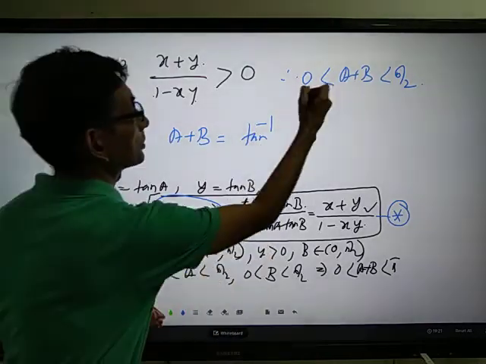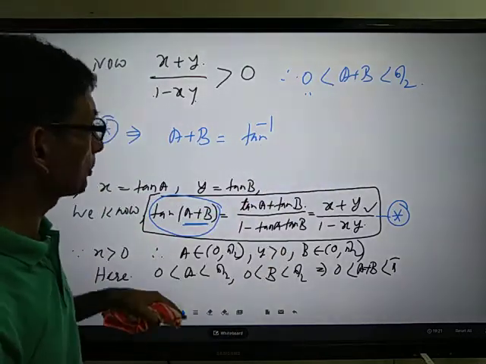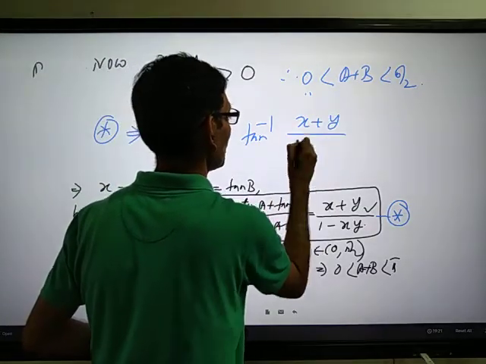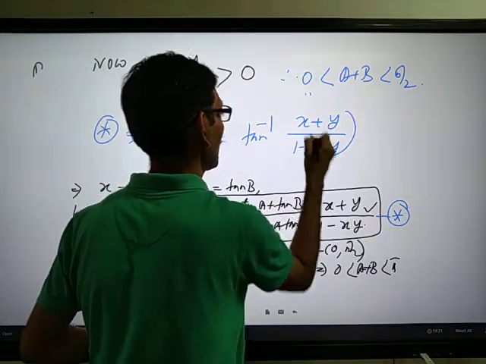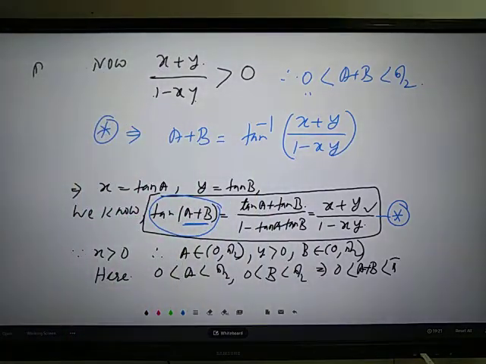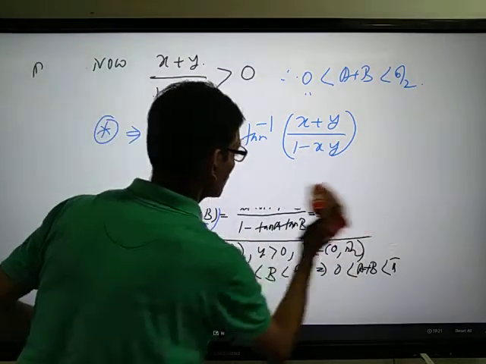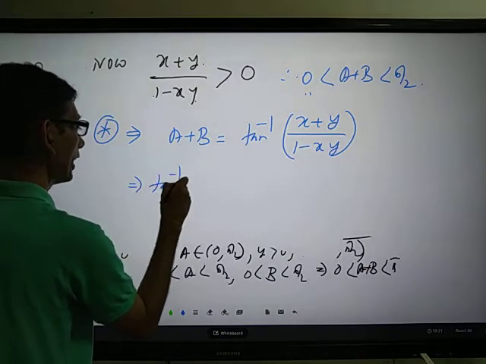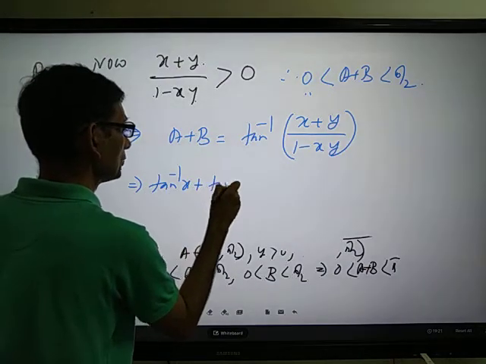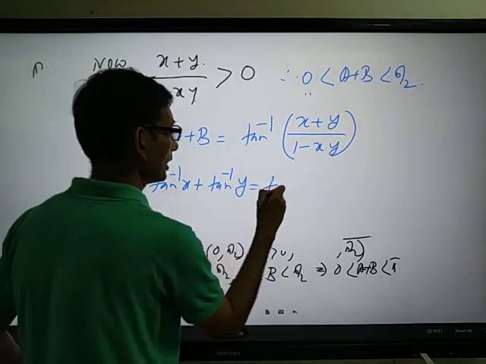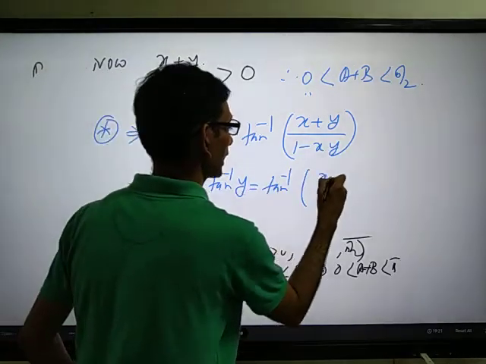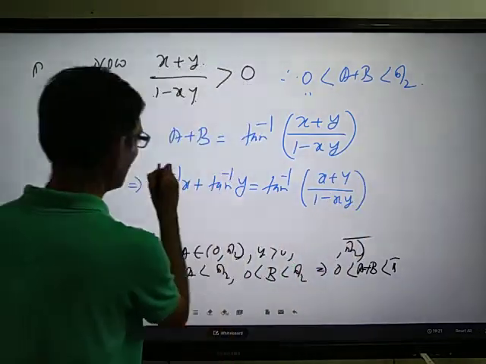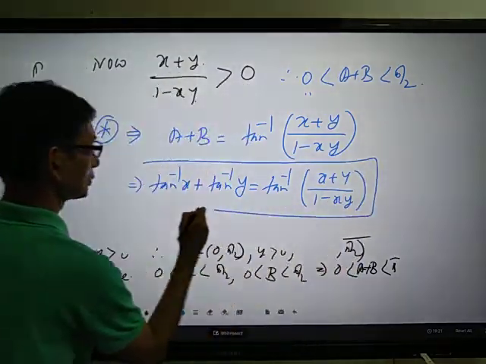Because we know that a plus b lies between 0 to pi by 2. Now let us replace the values of a and b. A is tan inverse x and b is tan inverse y, so tan inverse x plus tan inverse y equals tan inverse of x plus y divided by 1 minus xy.